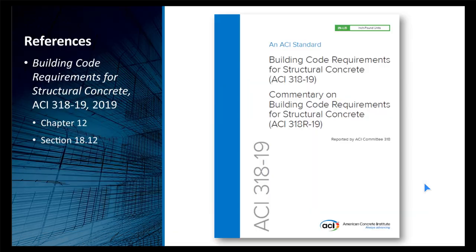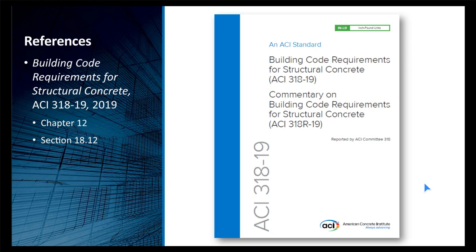So we'll get started then with the codes. First, all of the section numbers, figures, etc. that you see in the presentation today are going to be from the 2019 edition of ASCE 318. We're going to cover a lot in Chapter 12, which is the diaphragm chapter, for basically all seismic design categories.